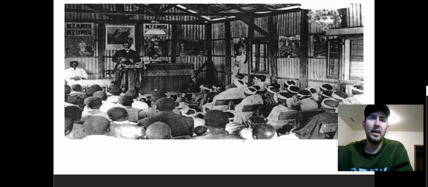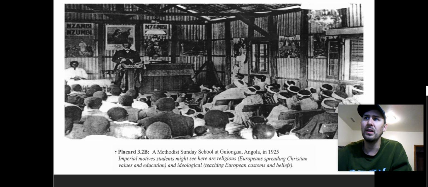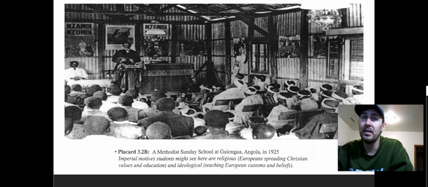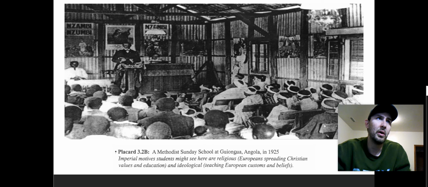The next one is another thing that happened during this imperialistic time. This is a depiction of a Methodist church in Angola. And they actually were in like Sunday school, and the missionaries were overreaching, trying to spread Christianity.